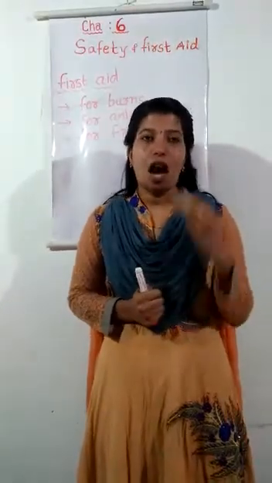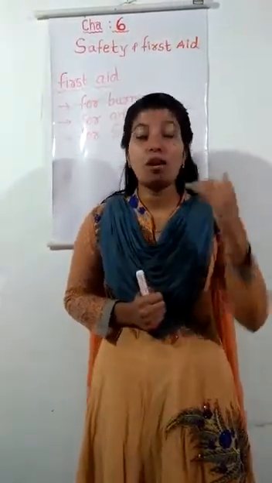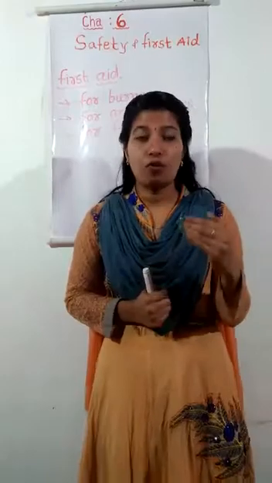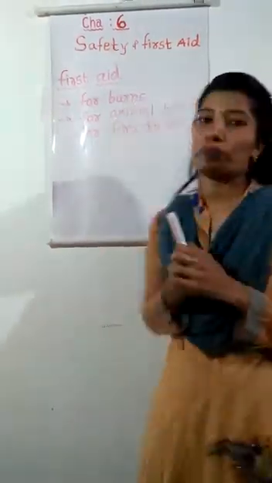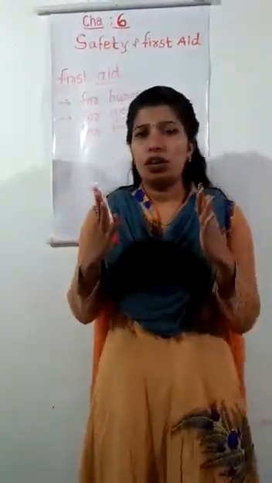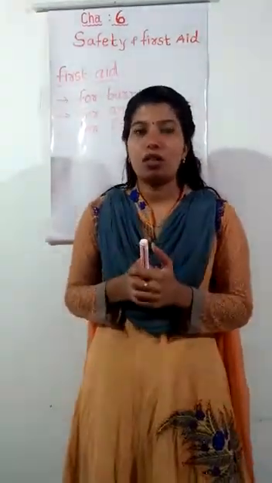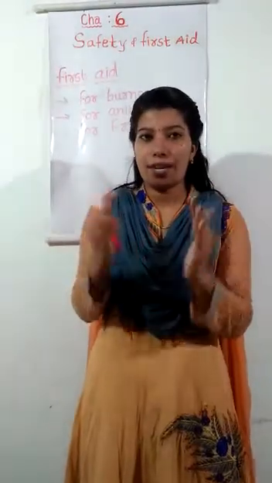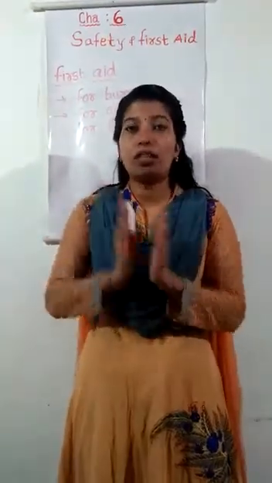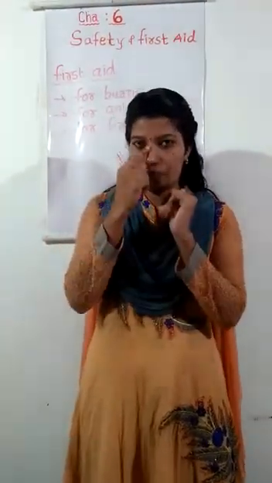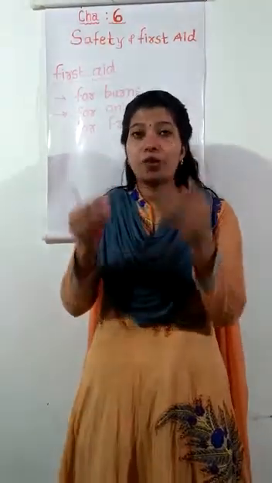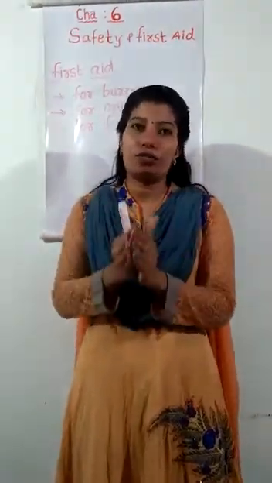Now let's see how to give first aid for burns. In the case of minor burns, meaning smaller burns, cold water or ice may be applied on the burn area immediately. The burn area should be held under running water for some time.